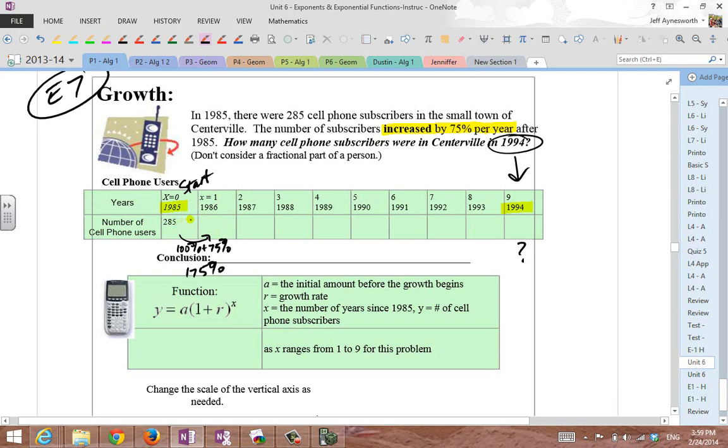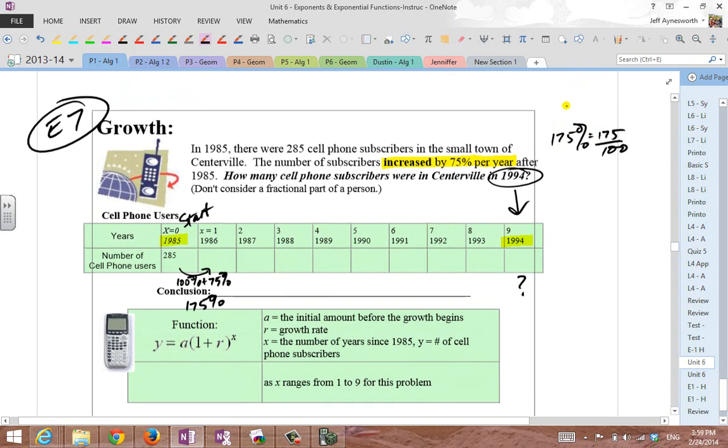Well, what you have to remember, that 175%, let's do it off to the side, means 175 per 100. Percent means per 100. In fact, let me write that down. Percent means per 100.